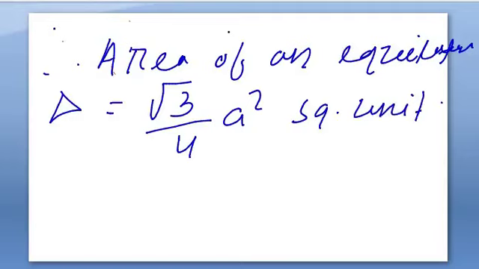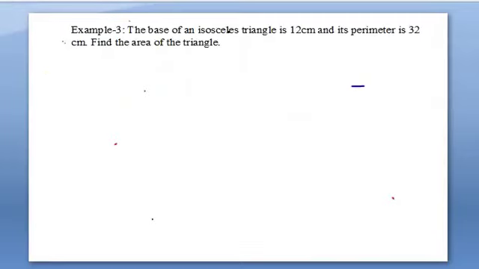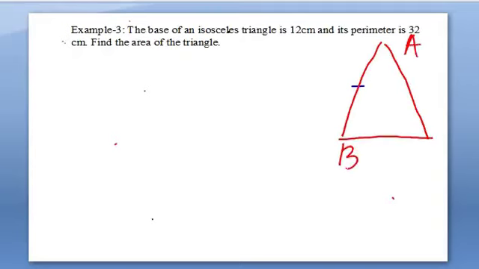Next children, come to example 3. The base of an isosceles triangle is 12 centimeter. So we can draw that, this is A, B, C. The base is 12 centimeter, this side equals this side, and its perimeter is 32 centimeter. Find the area of the triangle.